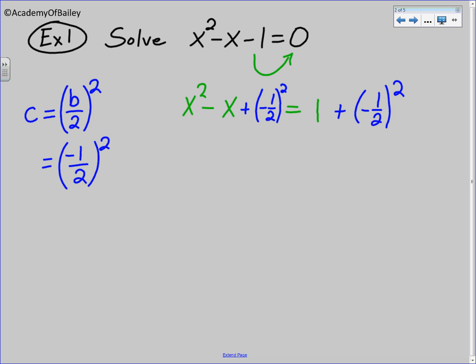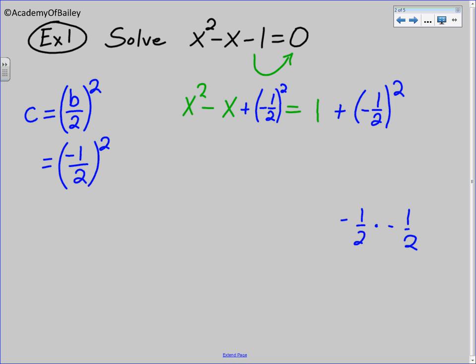Okay, now on the right side of the equal sign, I want to simplify that. On the left side of the equal sign, we are not going to simplify this part of it, and I'll explain to you why. But let's go ahead and simplify on the right side. So this should be -1 half times -1 half.